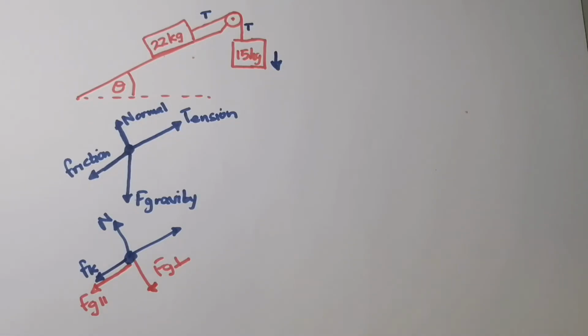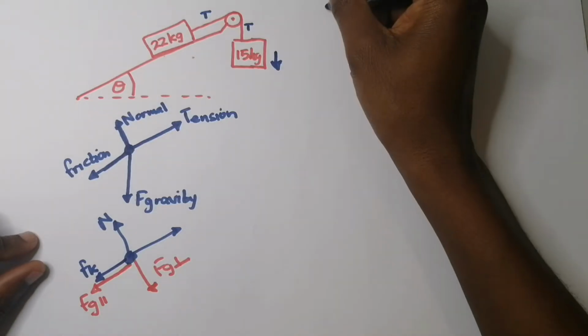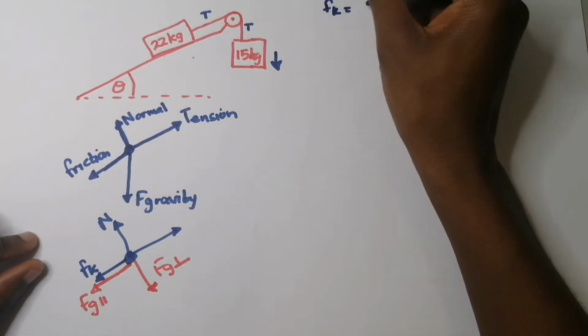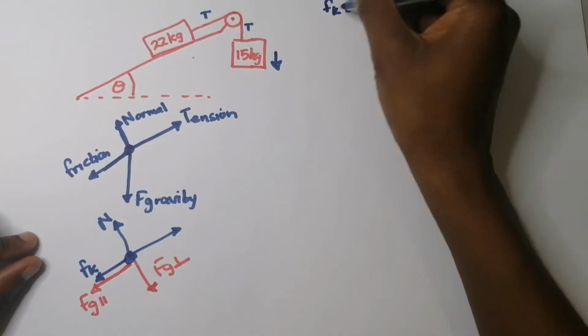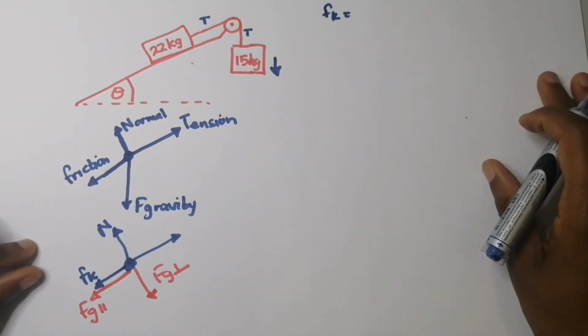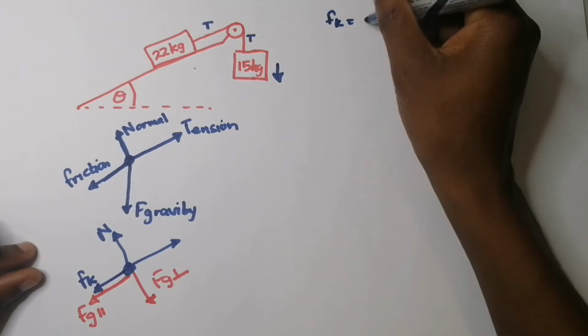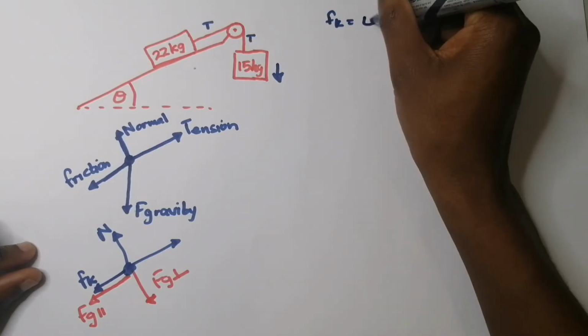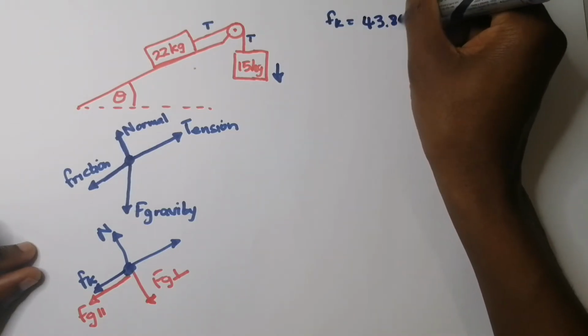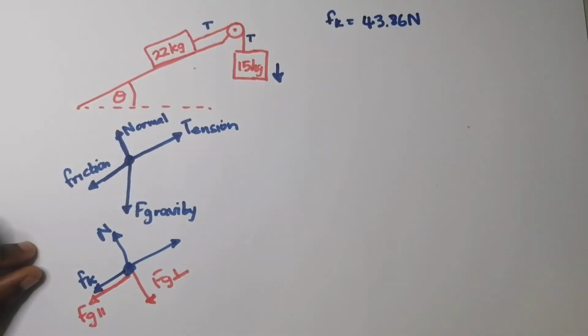Okay, so they say a constant frictional force of 43.86 newtons. Okay, they say it acts on the 22 kilogram block.